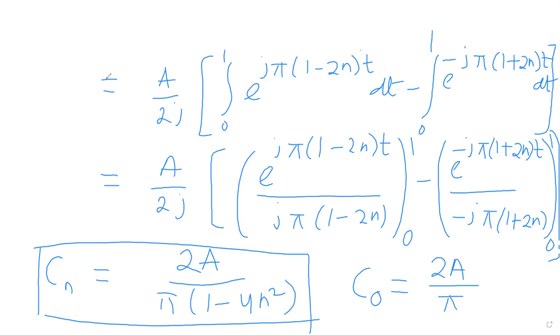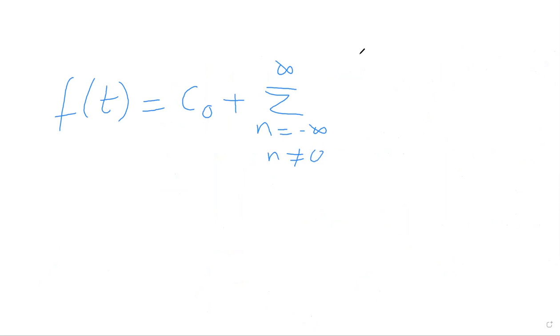Okay. Now by substituting these values in the exponential Fourier series formula, we can write that the exponential Fourier series of f of t will be given as C0, which we can write separately, plus the summation from n equal to minus infinity to plus infinity, with n not equal to 0, of Cn e to the power j2n pi t.